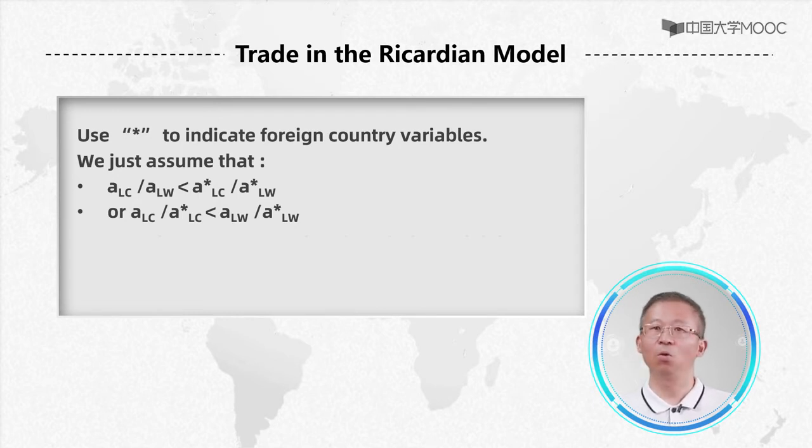In general, Home could be less productive than Foreign in wine, but more productive in cheese, or vice versa. We just assume that aLC over aLW is less than aLC star over aLW star, or equivalently that aLC over aLC star is less than aLW over aLW star.